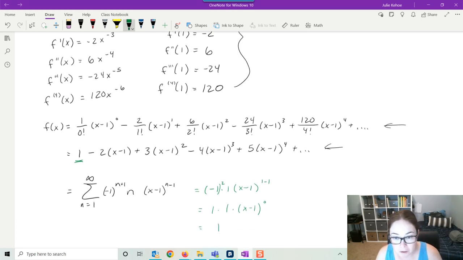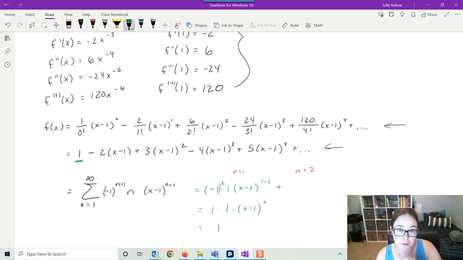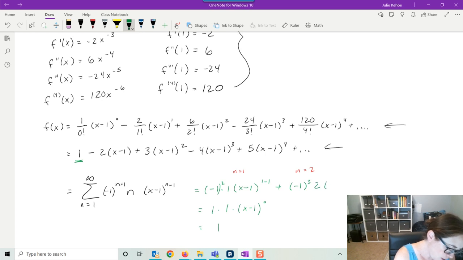If you want to really be diligent, you can do a second term. So this was n equals 1. Let's plug in n equals 2, the next term I would get, and make sure that that matches my second term, which is negative 2 times x minus 1. Okay, so this is going to give me a negative 1 to the third power now, times 2 times x minus 1 to the 2 minus 1.